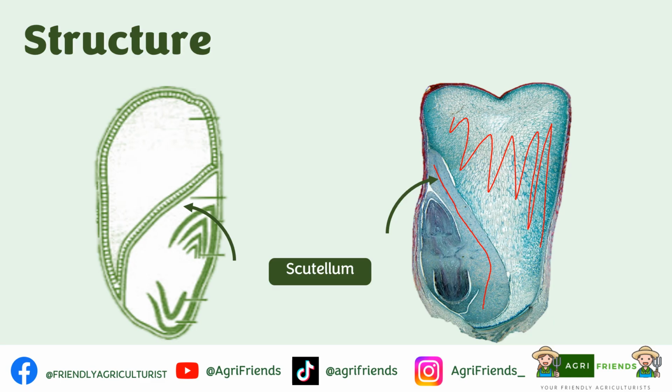The products of the degradation of the endosperm and the aleurone layer are absorbed by the scutellum and transported to the embryo. So this is the embryo and this is the vascular connection. Therefore, the scutellum can be seen to be an absorptive organ and not a storage organ.